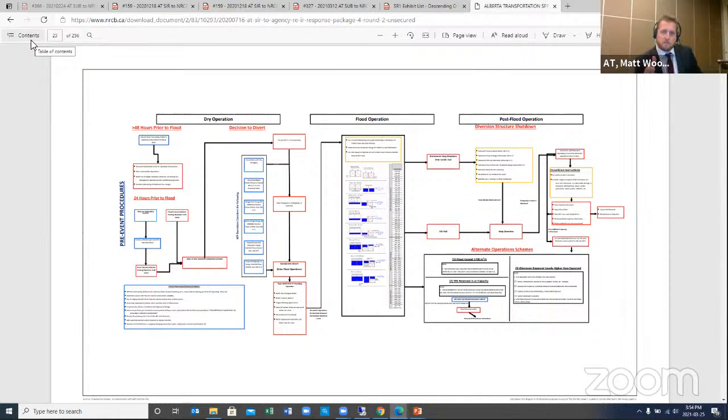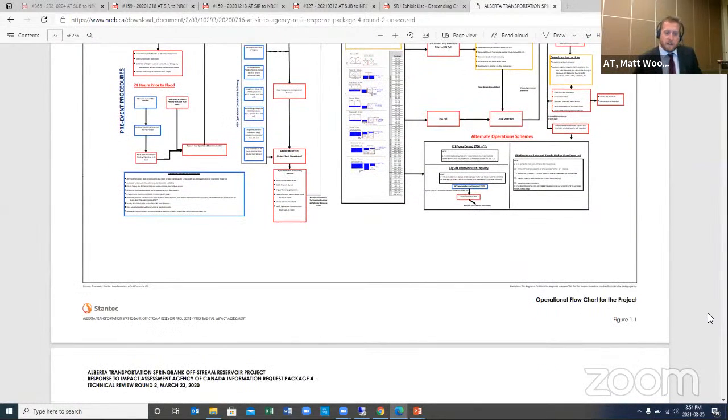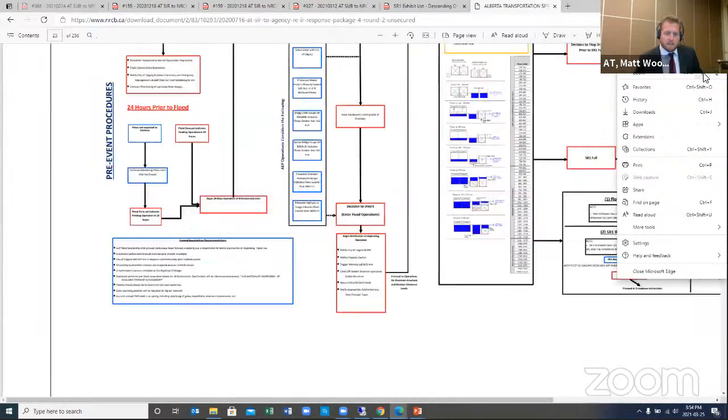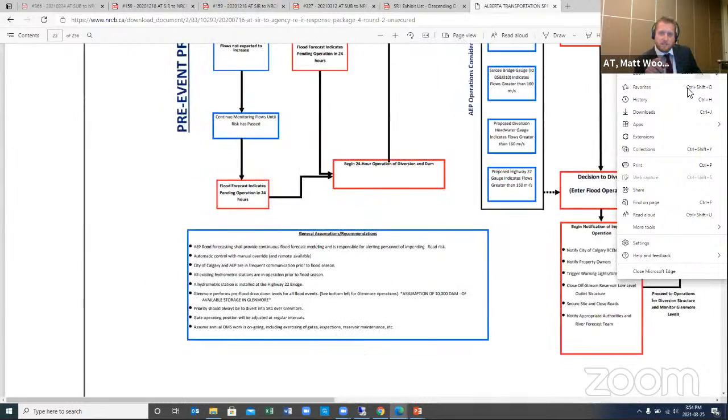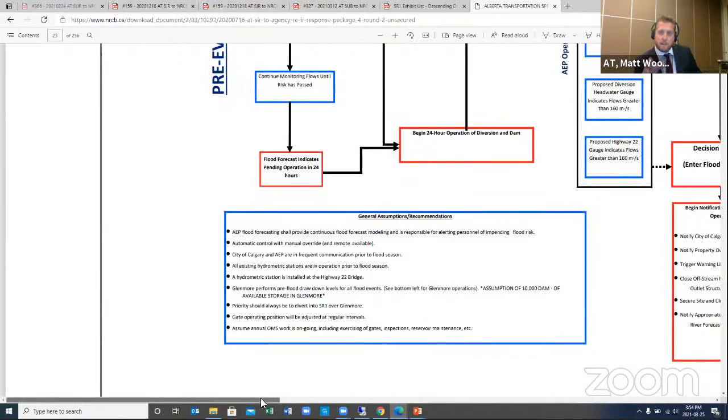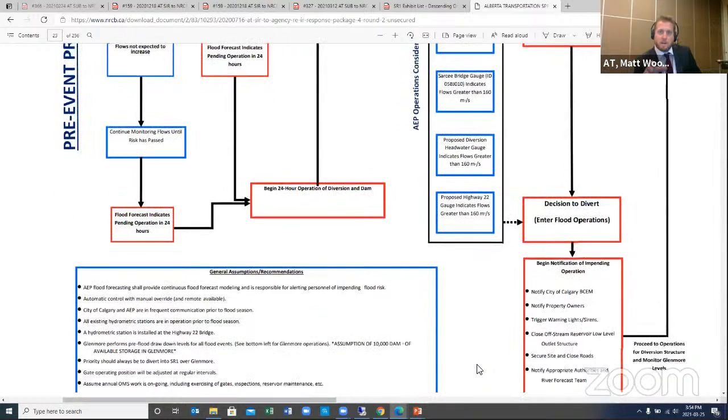What I wanted to draw the board's attention to is the area in the bottom left of that page. You don't necessarily need to zoom in, but in the bottom left of that page, it talks about 24 hours prior to a flood. And there is a box there specifically that shows that, in these certain scenarios, if a forecast suggests that SR1 may need to operate, again, I'm going back to that node that AEP will be adding to their forecasting network, then there will be 24-hour staffing of SR1.